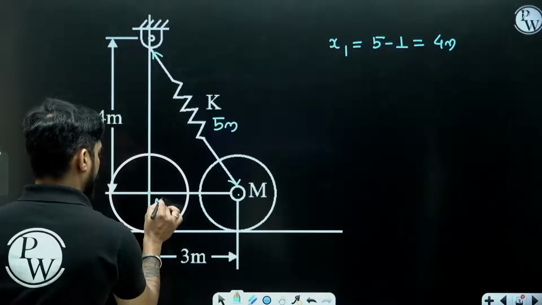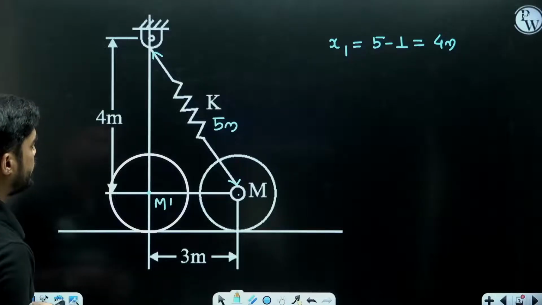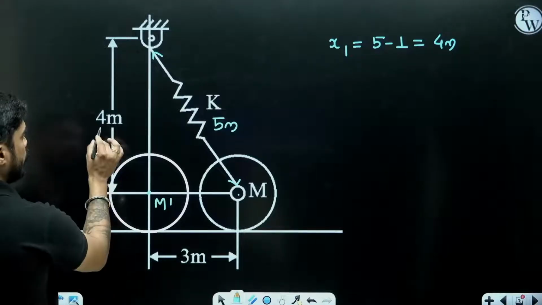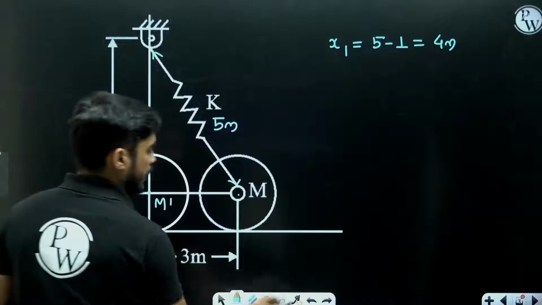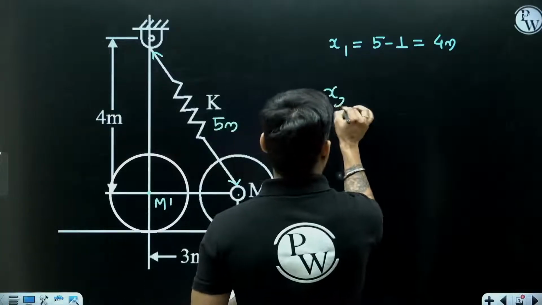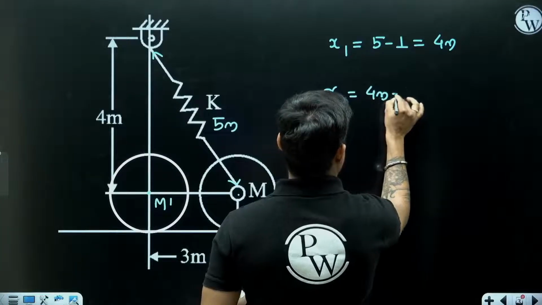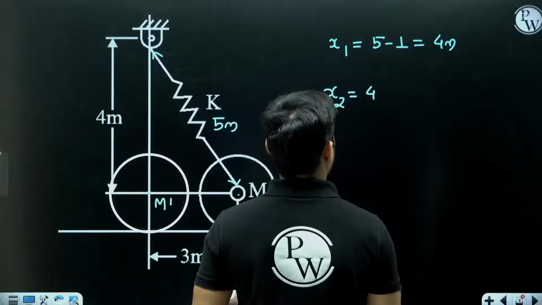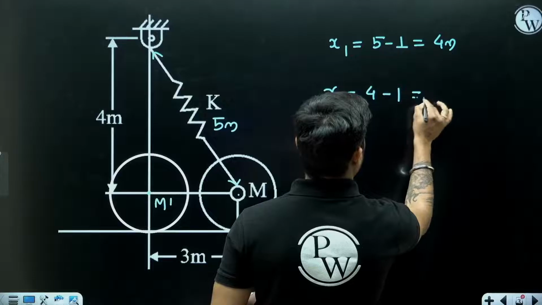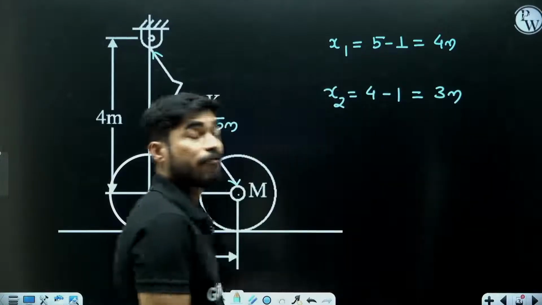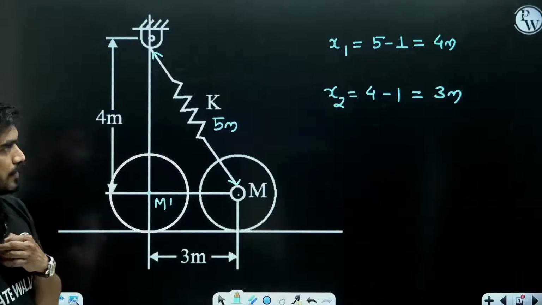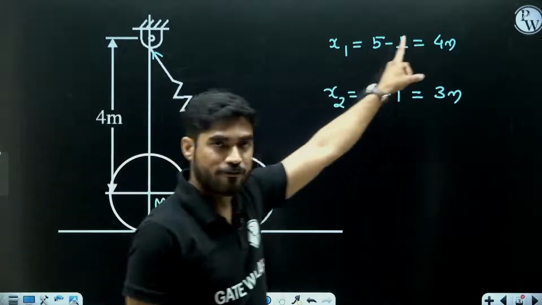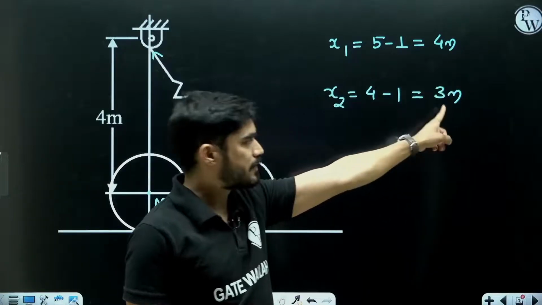This will be m dash. So in this position, what will be the length of spring? 4 meter. And the initial length, the unstretched length, is 1 meter. So in the second position, what will be the deformation? 3 meter. So the spring was initially deformed by 4 meter and now it is deformed by 3 meter.